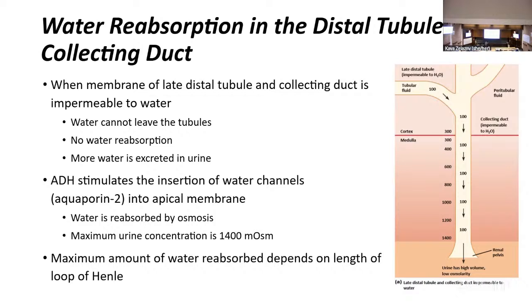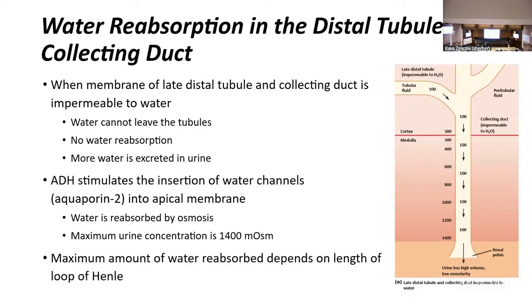When it's not permeable, water can't leave the tubules. So your urine is going to be the same concentration it was as you were leaving the loop of Henle, essentially. We're not going to be able to reabsorb any more water. We're stuck with whatever we managed to reabsorb in the proximal tubule. Everything that goes into the distal tubule and the collecting duct is going to come out in the urine.